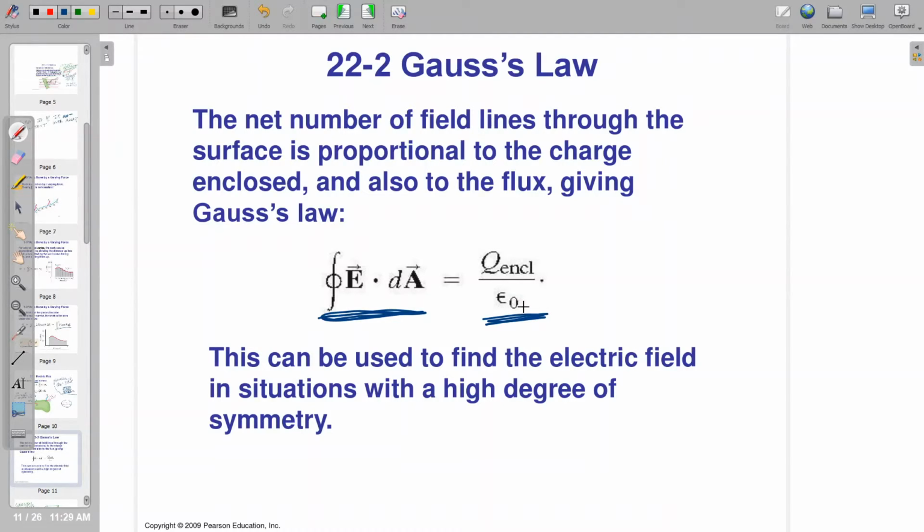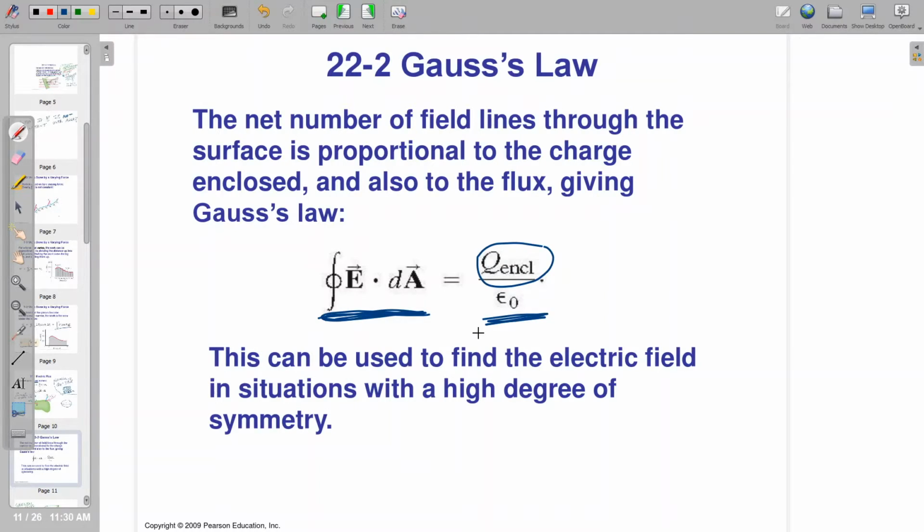So that means the electric flux passing through a closed surface is determined entirely by the amount of charge enclosed within the surface. It does not depend on anything else. If there is no charge inside of some surface, then the net electric flux passing through that surface is zero. This is true only for closed surfaces.